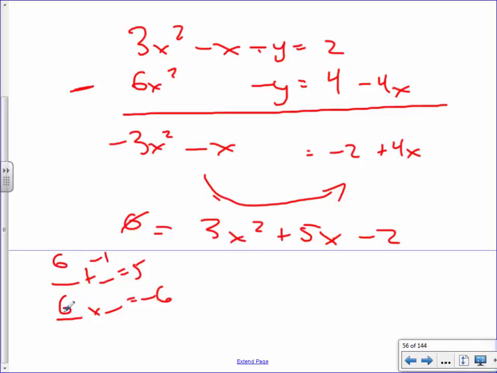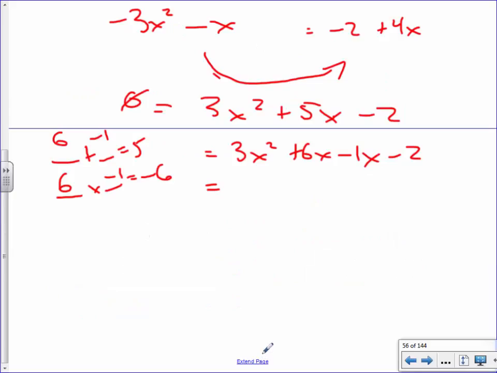Plus 6, negative 1. So I'm factoring. We could use the quadratic formula, but know how to factor too. Don't just throw that skill out the window and be like, nah, I don't need that skill. So break the middle term up into plus 6x minus 1x minus 2. Factor out the 3x, leaves you with x plus 2.